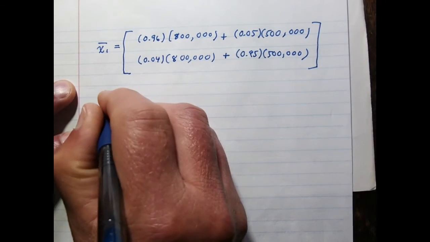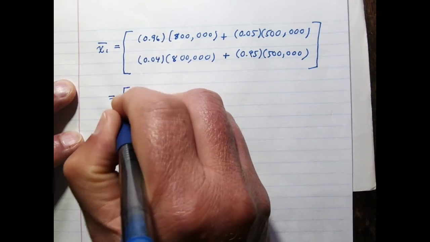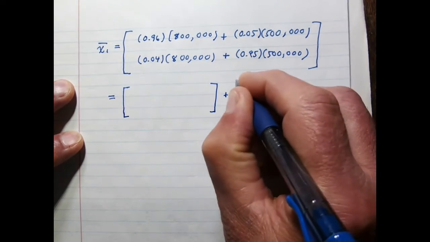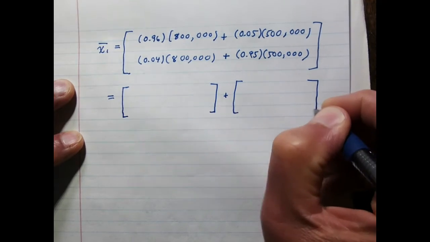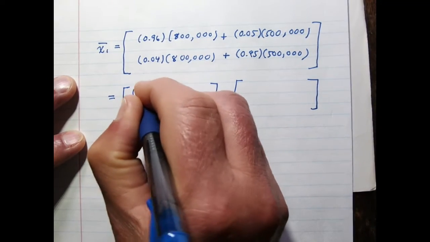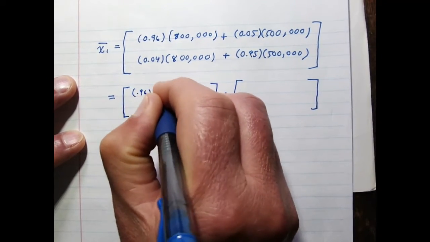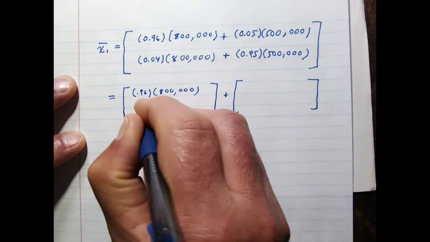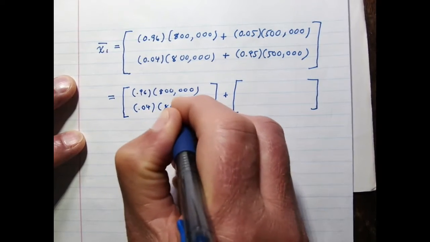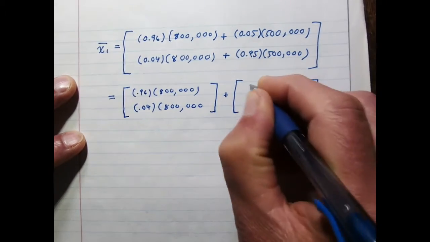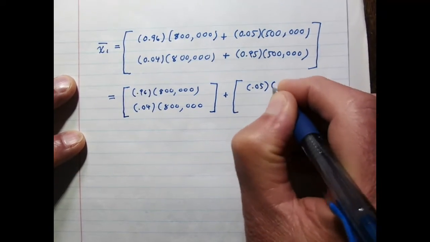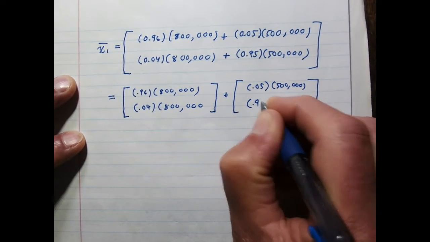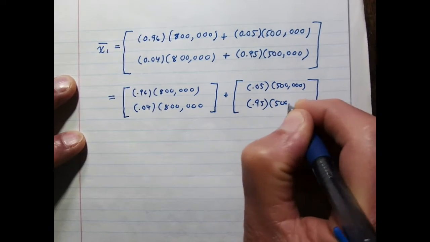And we can express this as a sum of two vectors, since when we add vectors, we just add corresponding entries. 0.96, 800,000, 0.04, 800,000, 0.05, 500,000, okay, 0.95, 500,000.